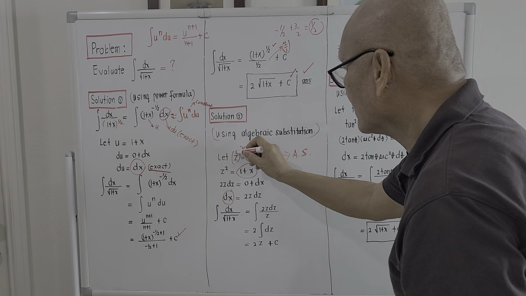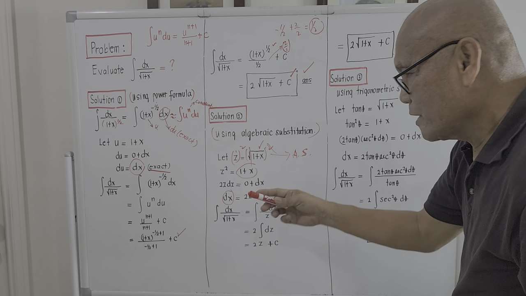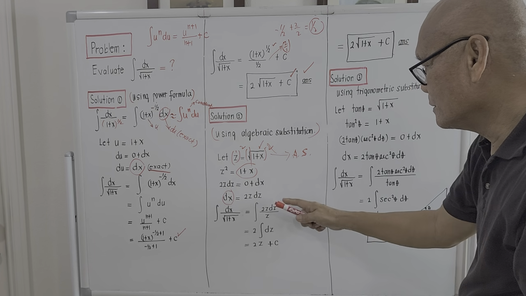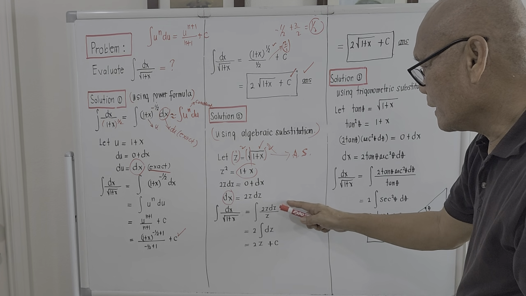So the integral of dx over the square root of 1 plus x should be equal to the integral of, dx is actually 2z dz as a function of the new variable, and the square root of 1 plus x from our algebraic substitution, z is actually the square root of 1 plus x, right? So it will just be simply z.